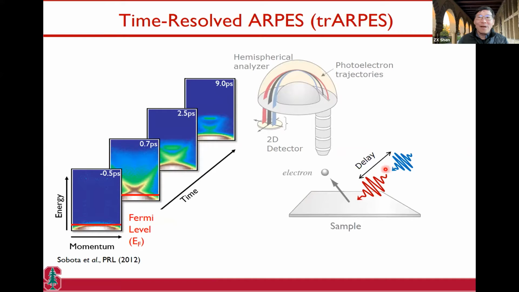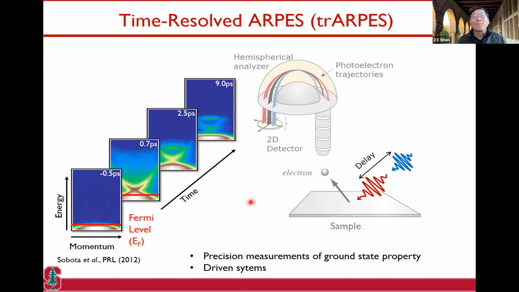But if you do a pump-probe experiment, you see states above the Fermi level because they were pumped up by the first photons. Then you can see the evolution of that. For example, how the Dirac surface state evolves in this particular example. Okay, so you can also use that to study driven systems. But what we want to do here today is to use this technique to do a precision measurement of a ground state property.